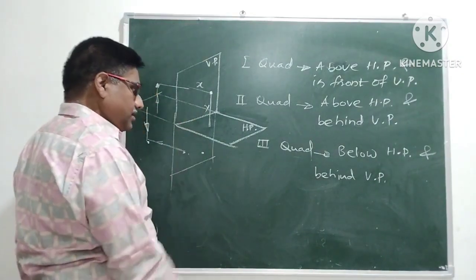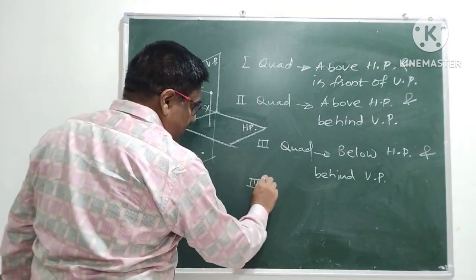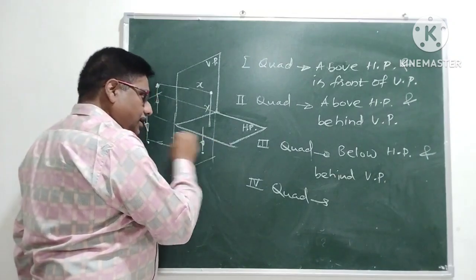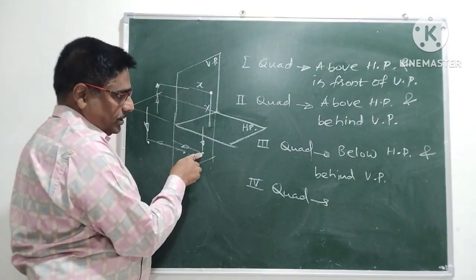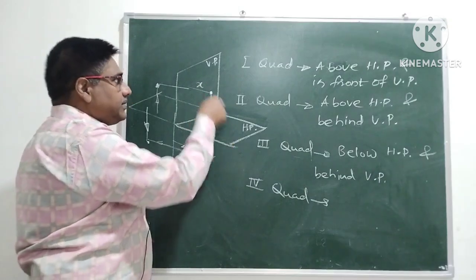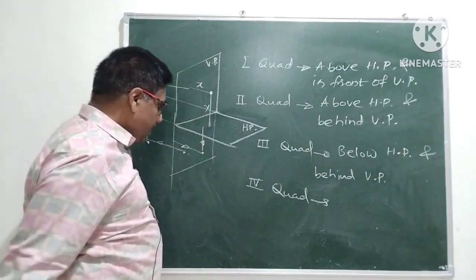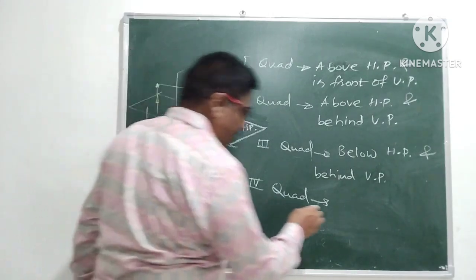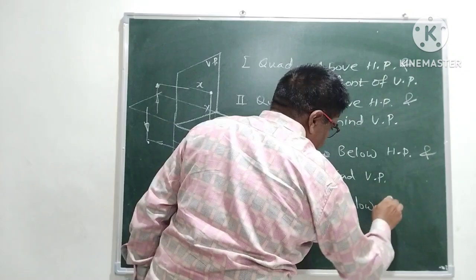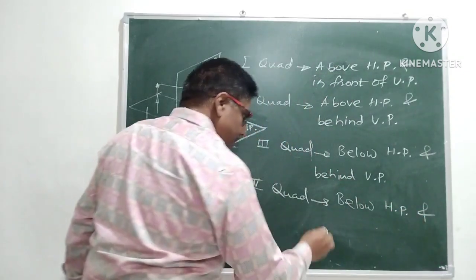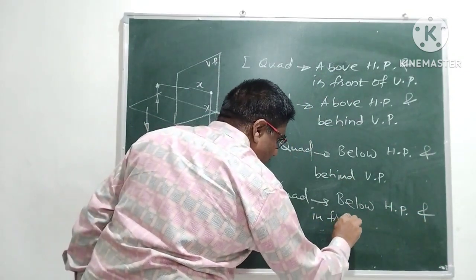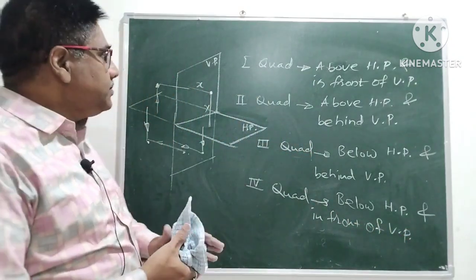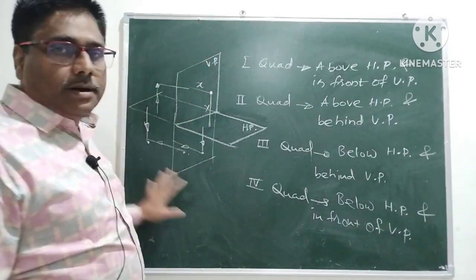If I keep a point here, then what should be the specification? With reference to these two reference planes, that is the horizontal plane and vertical plane, what should I say? Below HP and in front of VP. These are the specifications of a point in different quadrants.